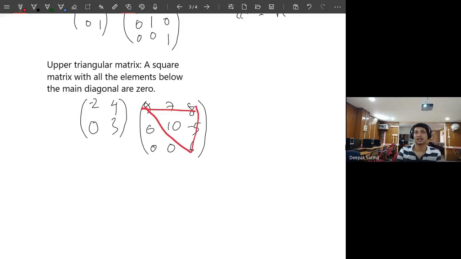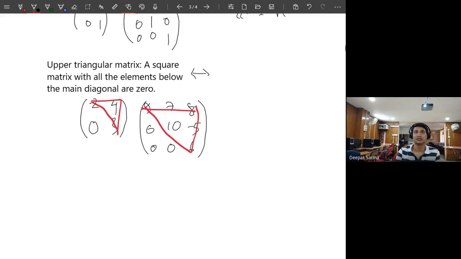In the upper side you have a triangle. Upper triangular means I will have a triangle of this type. Here this can be 0, 7 can be 0, we don't mind that. But below the diagonal, everything should be 0. Okay. So can you write it in terms of symbols? Can you?